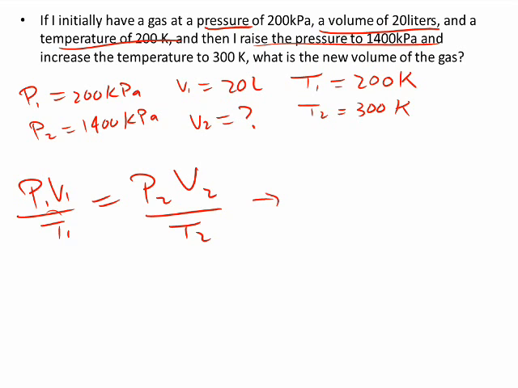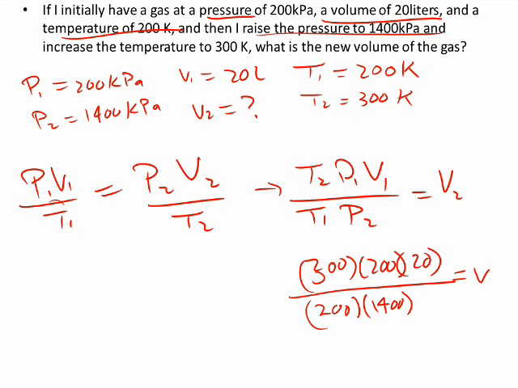We're solving for V2. So that just equals T2 times V1 P1 over T1 P2. So we're just using some of our algebra skills, and now we just plug in.